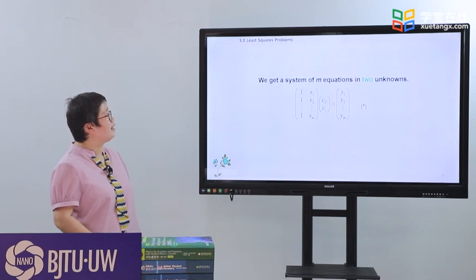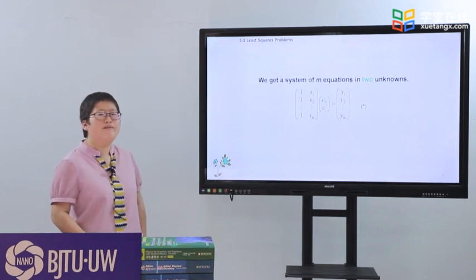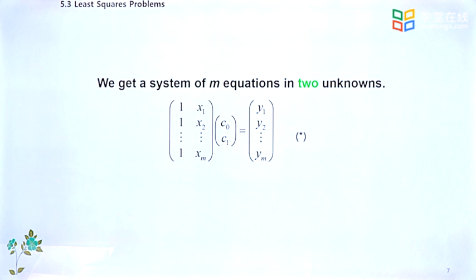So let's see. We can get a system of m equations in two unknowns. What we want to determine are the coefficients of the linear function, c0, c1. We have c0 plus c1x1 equals y1, the second row, c0 plus c1x2 equals y2, and the last row is c0 plus c1xm equals ym.